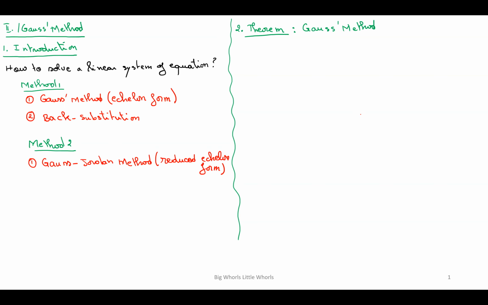The theorem says that if we perform the following three main operations, which I will describe shortly, the solution set of the original and the newer form, the echelon form, is the same.